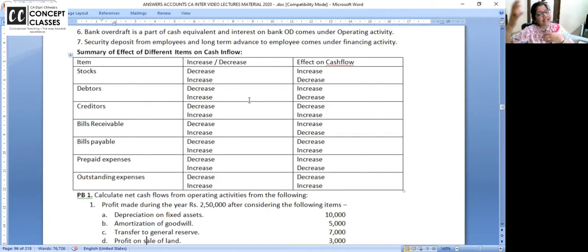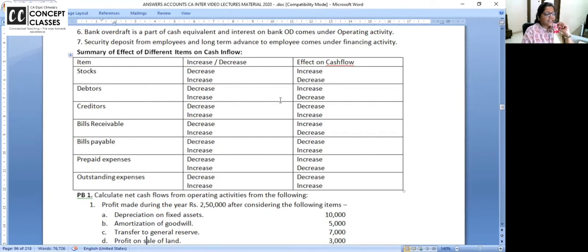I'm giving you a very long way. You may easily analyze with some other shortcut way, but if you go by this long way, with some twist and turn in the exam, you'll not get confused. Once again, debtors were 10, now they are 13. 3 rupees more is blocked in debtors. So if there's an increase in debtors, cash flow will decrease.